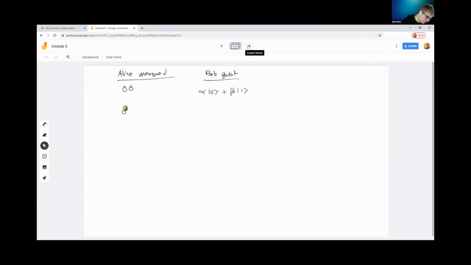But in the case that Alice measured 0, 1, the state of Bob's qubit was alpha 1 plus beta 0. Close, right? So in this case, what we're going to do is apply the X gate. Does everyone see how that would work?